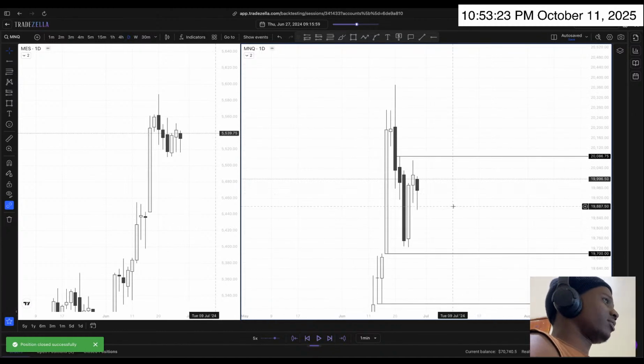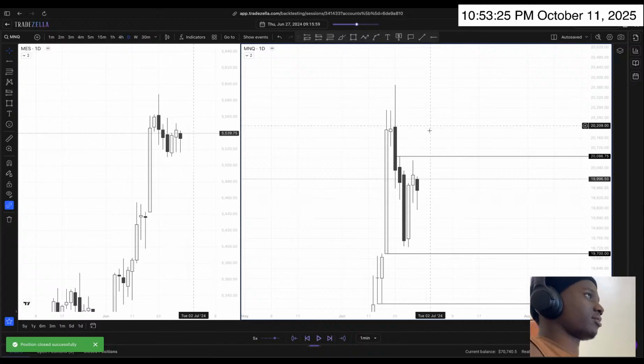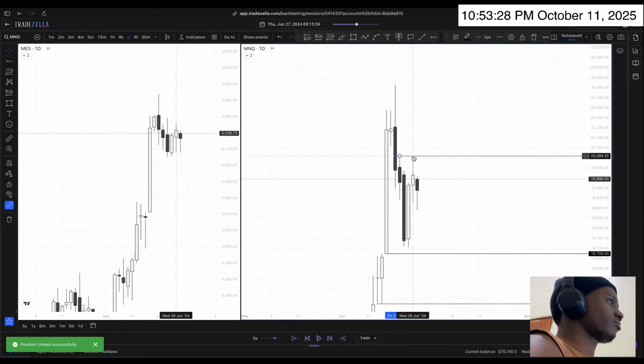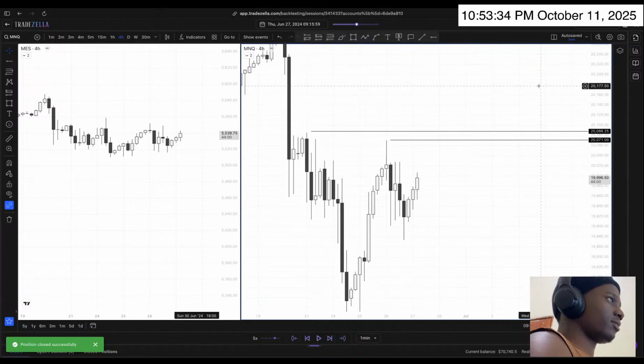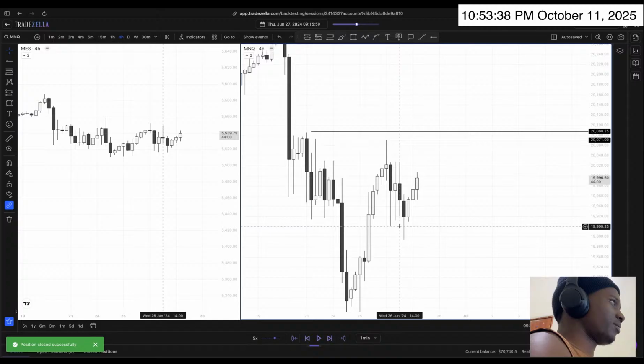Now, previous day low was run, and I think this will go bullish. Let's see, we drop there, put in a better sweep.